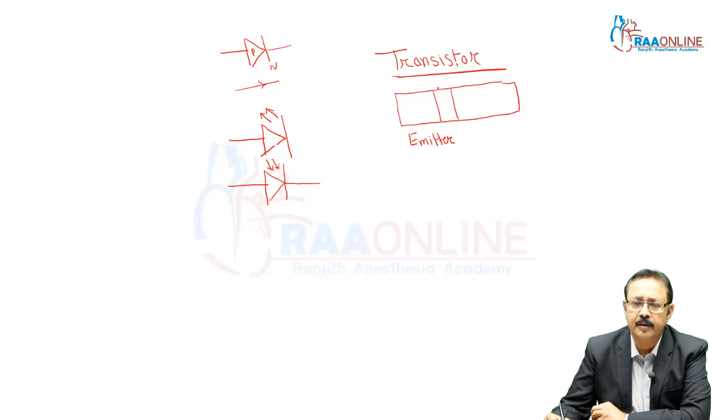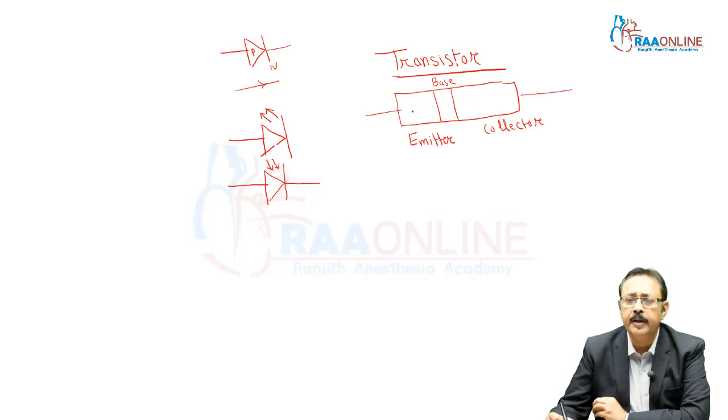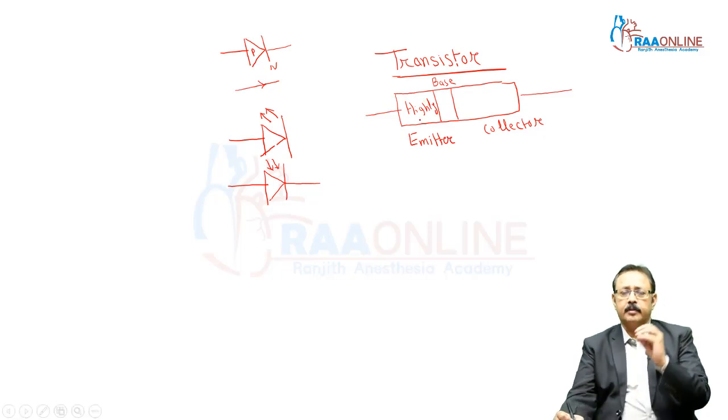This is known as base, and it is collector. All we have discussed in our theory slides, so I am only giving you tips. Emitters are highly doped. Doping means putting impurities in that part.